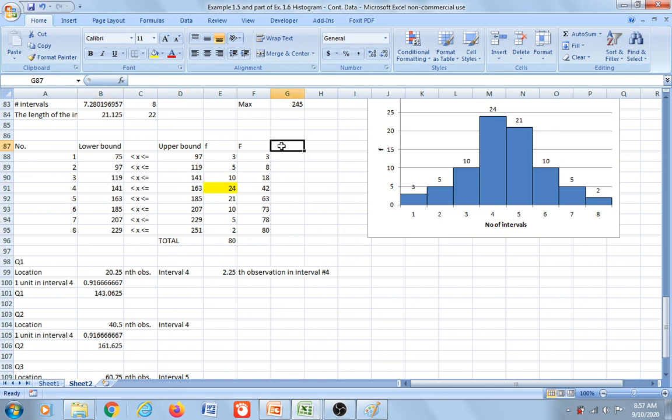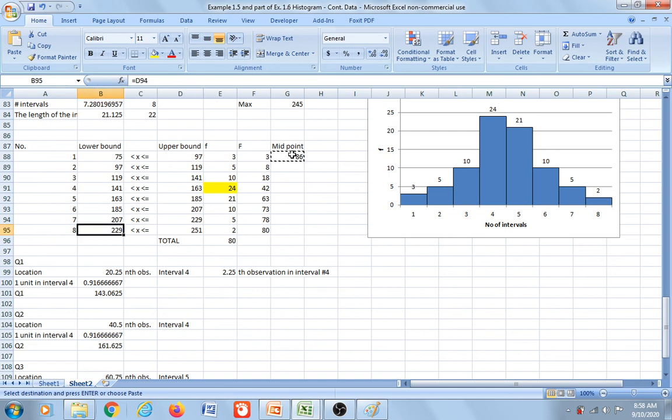So I'm just going to calculate the midpoint. Okay, the midpoint of the interval. The midpoint will be the lower bound plus the upper bound divided by 2.